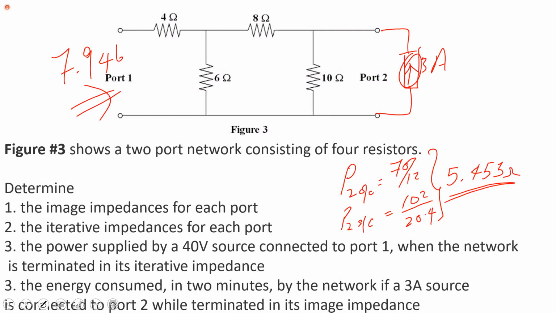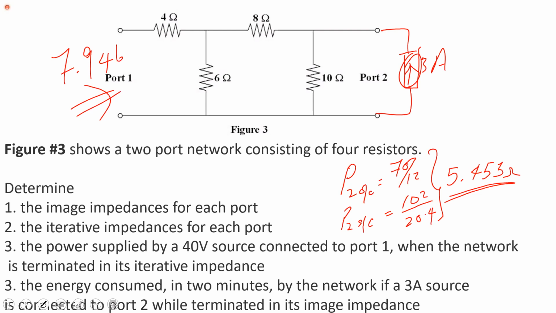All right, let's start with the easier one. Maybe I should have done that. Let's deal with the easier one. The part 3. If I put the 40-volt source at port 1, when the network is terminated in its iterative impedance, yes, sir. All right. What impedance would I be experiencing? The 5.453.